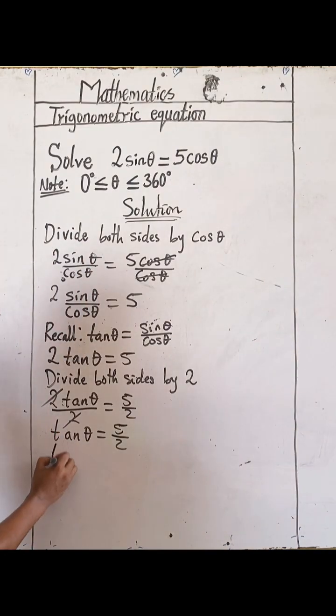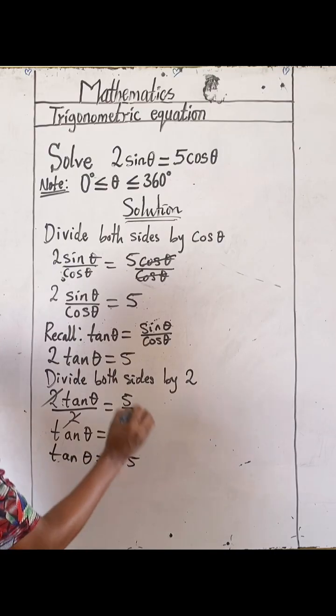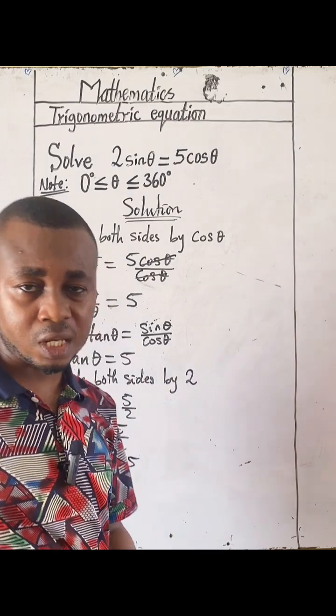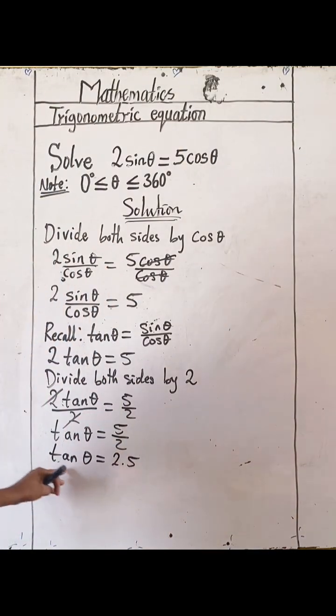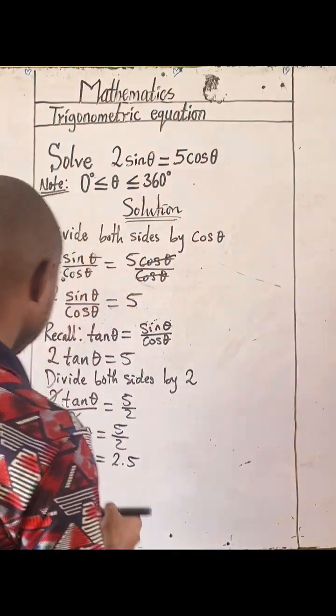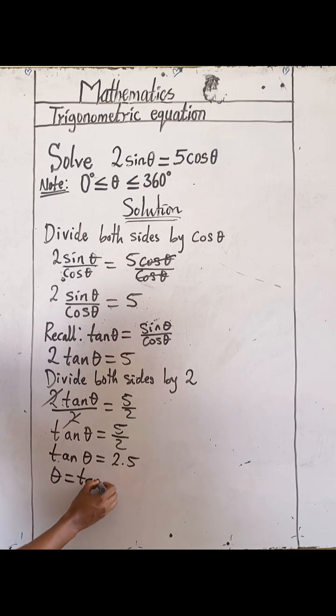Then we'll have tan theta equal to 2.5. Then it is now time to take the tan inverse. Taking the tan inverse is just like dividing both sides by tan for you to have the value of theta. Theta will be equal to tan inverse of 2.5.